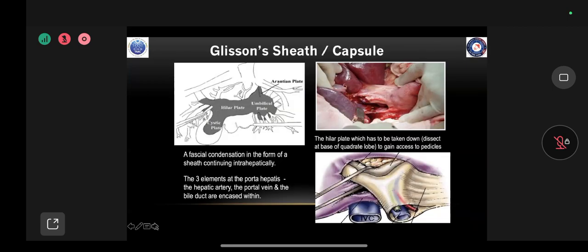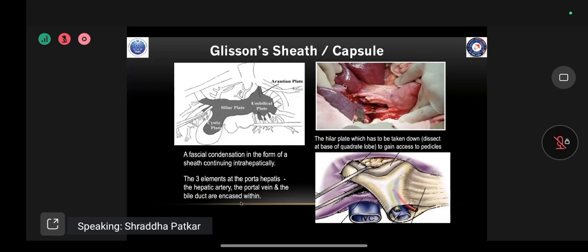Glissonian sheath is something which the Japanese are very famous for propagating the principles of a Glissonian resection based on this. It is basically just a fascial condensation which occurs at the hilar plate, and it includes all the three elements, that is the hepatic artery, portal vein, and the bile duct.